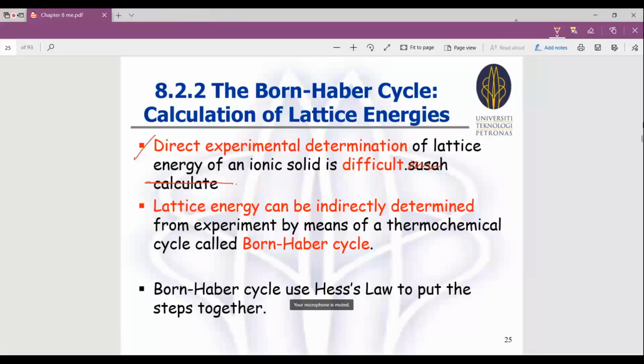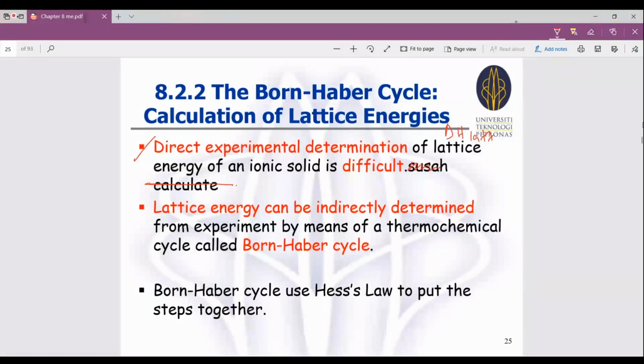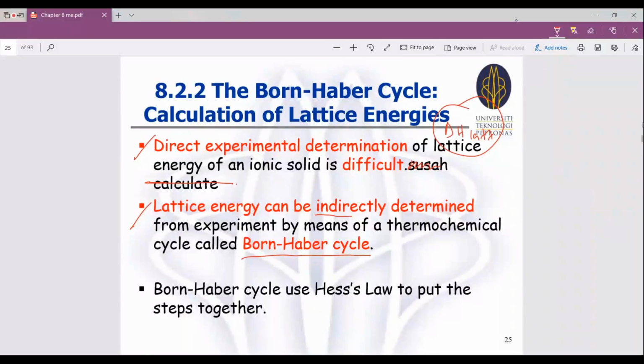Direct experimental determination of the lattice energy, delta H lattice, of an ionic solid is difficult. Thus, it is indirectly determined from the experiment using the Born-Haber cycle.